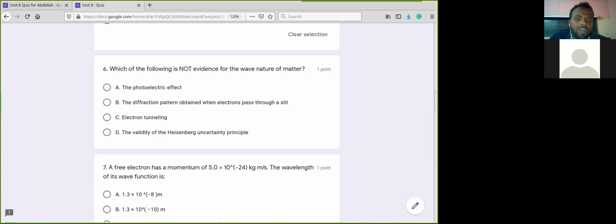So option A cannot be evidence for the wave nature of matter. So which one is the answer? A. A is the answer.